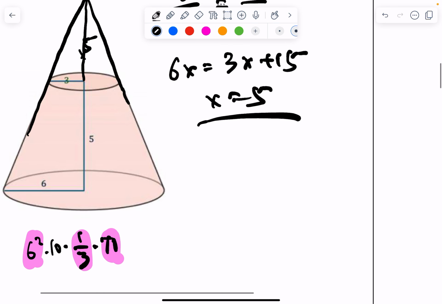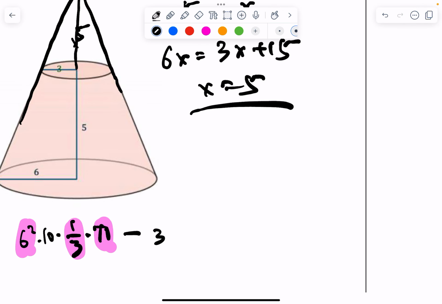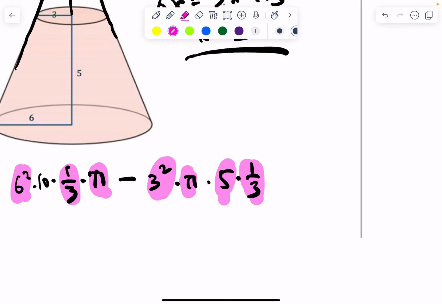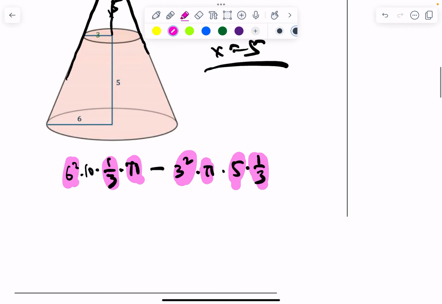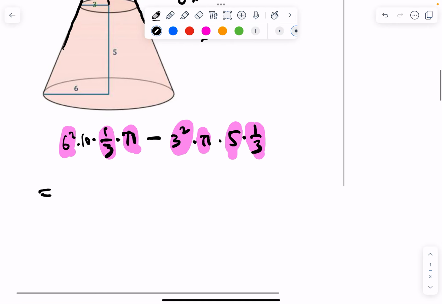And then we want to subtract that by the small cone, which is 3 squared times pi times 5 times 1/3. Again, 1/3 pi r squared h. And then we get a final answer by simplifying.